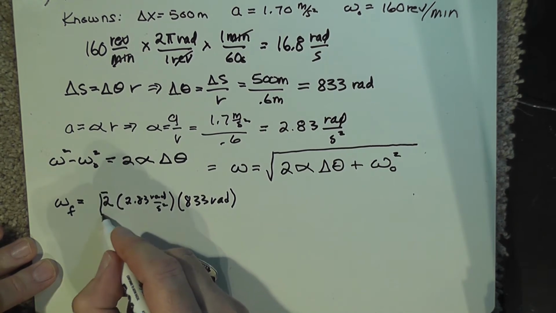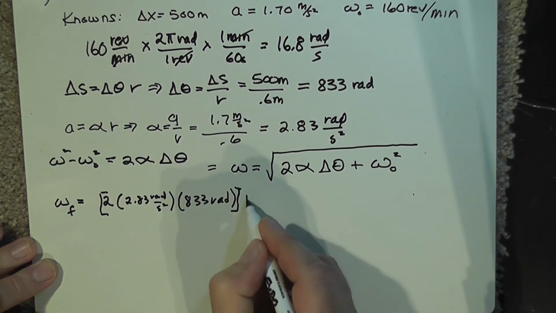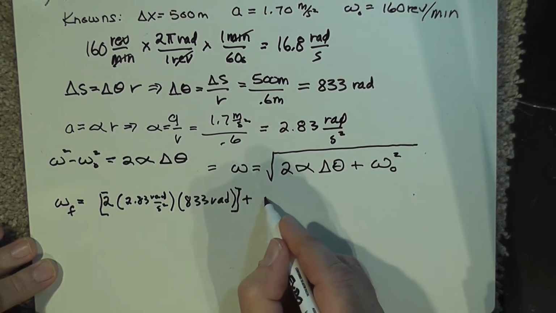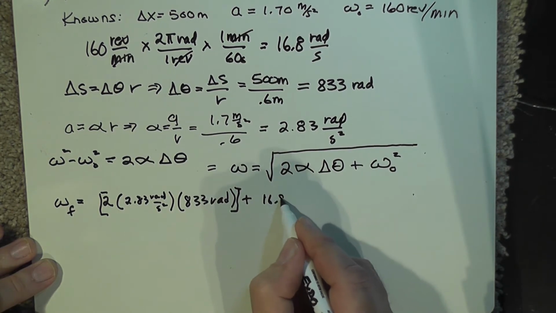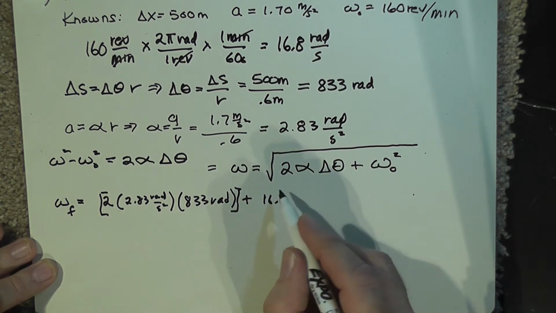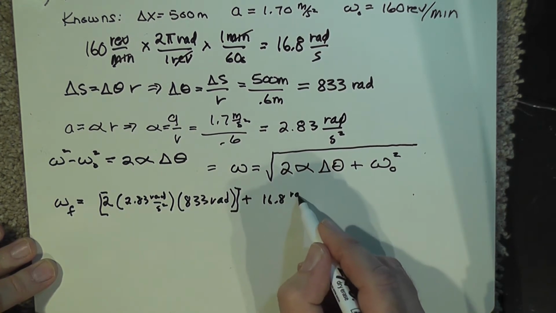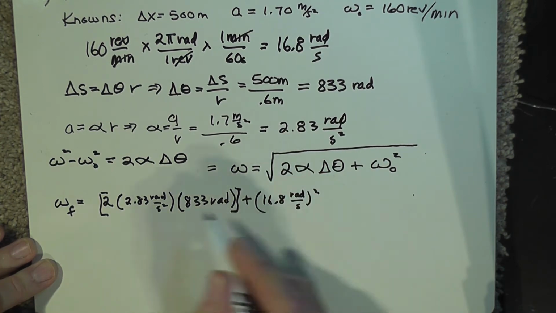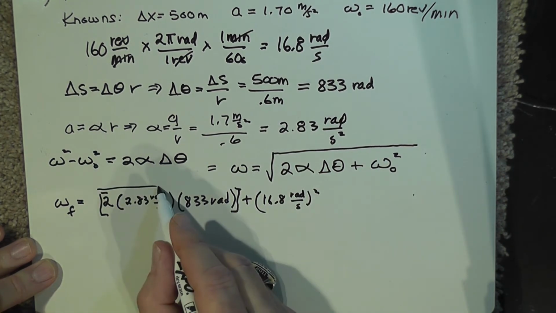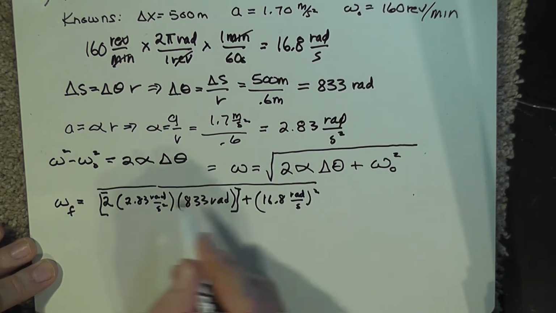Let's put some brackets around here, plus our 16.8, that's our initial angular velocity, omega naught, and this is all squared, and then all this is under the radical.